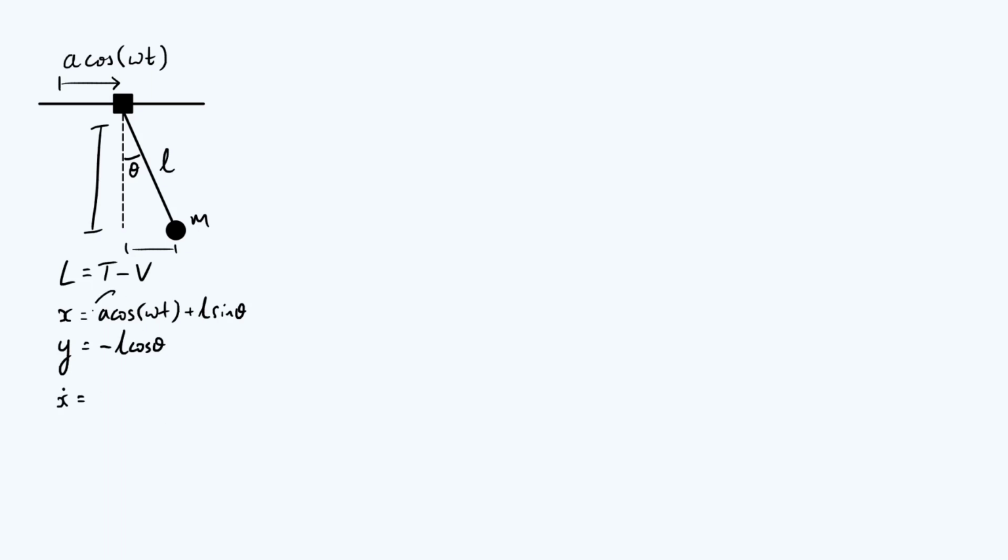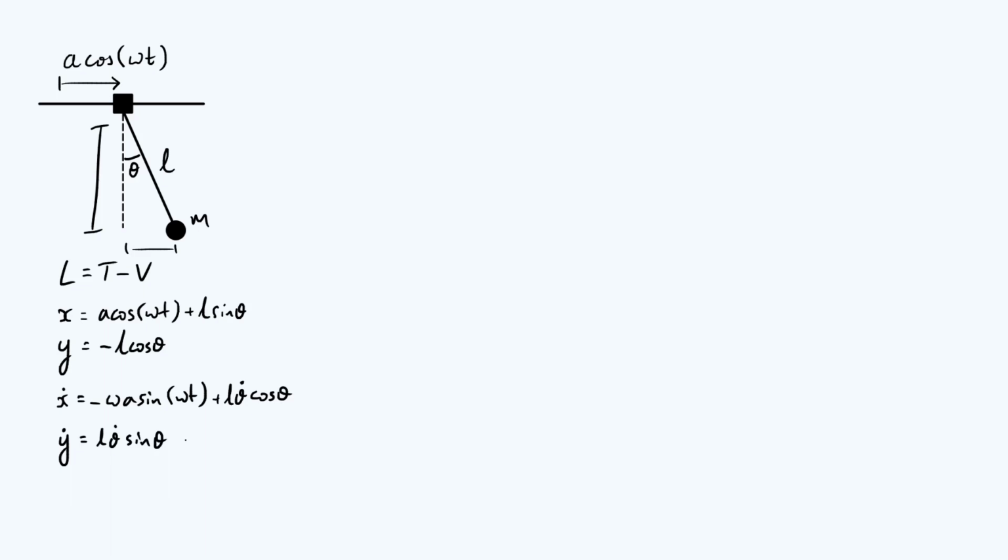So x dot, the A cos omega t has a time dependence, so we differentiate that to get minus omega A sine of omega t. Then to differentiate this L sine theta, we've got to use the chain rule, and we get a plus L theta dot cos theta. Similarly for y dot, we just get L theta dot sine theta.